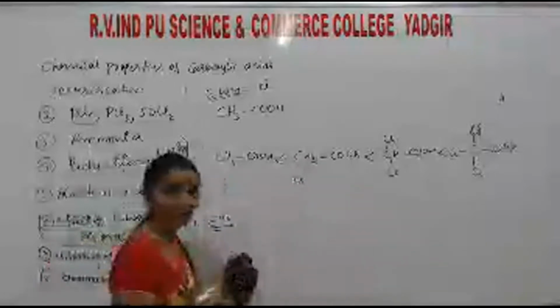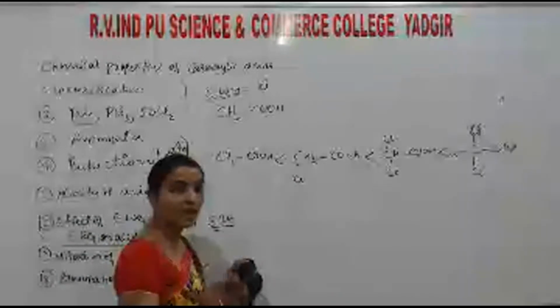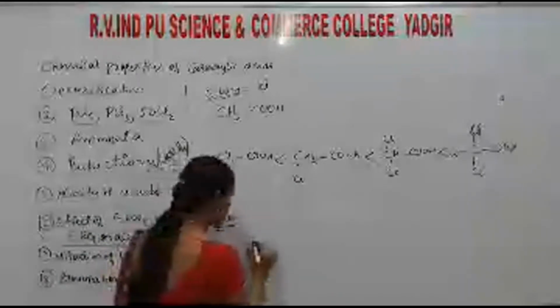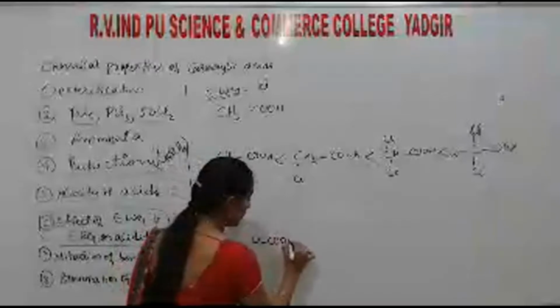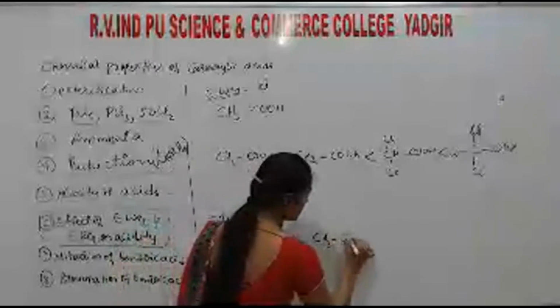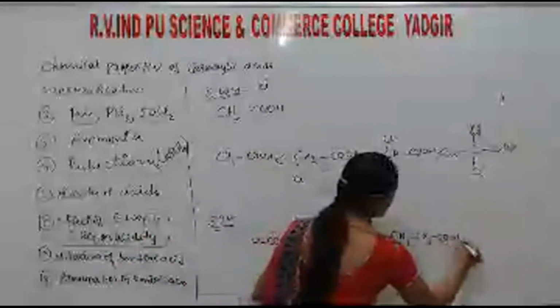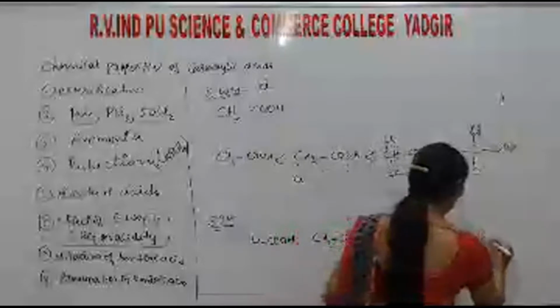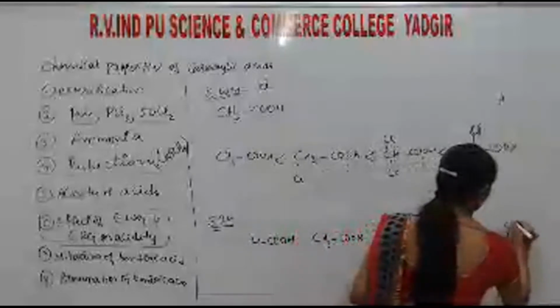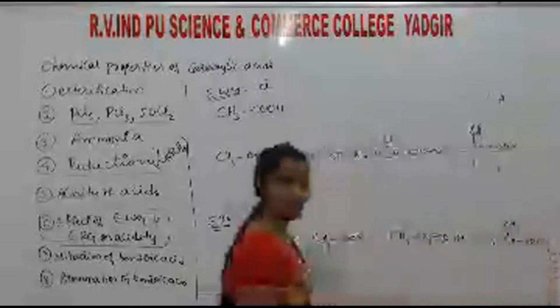Okay, next, as I told you, if the number of CH3 groups keeps on increasing, the electron releasing effect increases and the acidic character decreases. For example, HCOOH: here there is no CH3 group. Next, CH3COOH. Then CH3CH2COOH. Then (CH3)2CHCOOH.